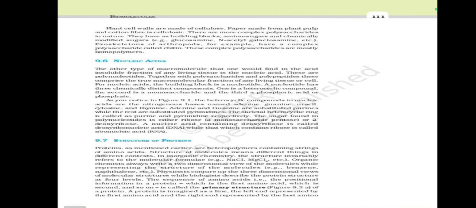A nucleotide has three chemically distinct components. One is a heterocyclic compound, the second is a monosaccharide, and the third is phosphoric acid or phosphate.